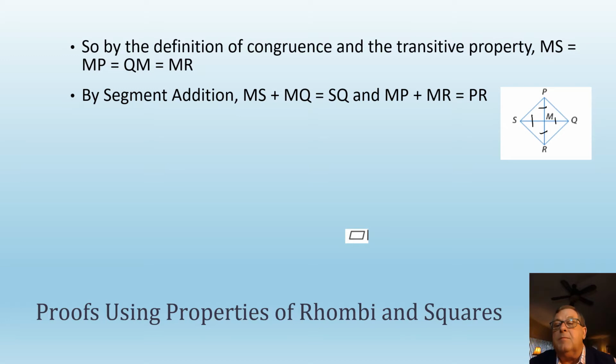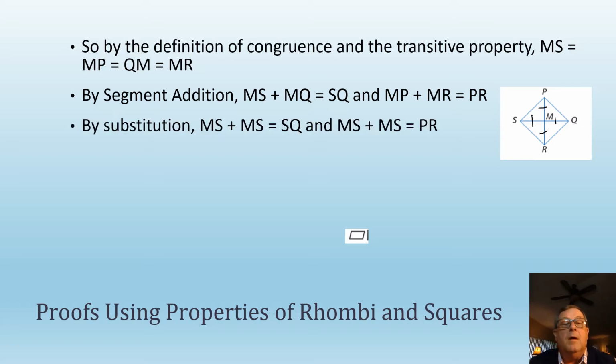Those two segments make up the entire segment of SQ, and then MP plus MR equals PR. Wow. All right, so then by substitution, MS plus MS equals SQ, and MS plus MS equals PR. Okay. We can go with that.